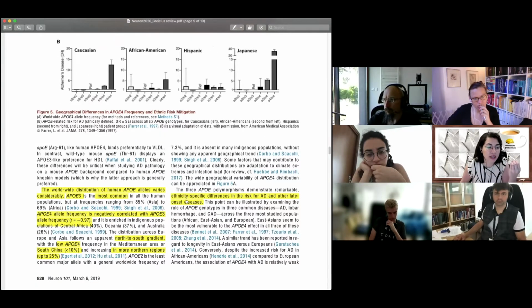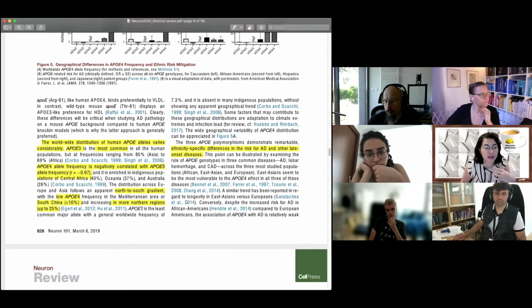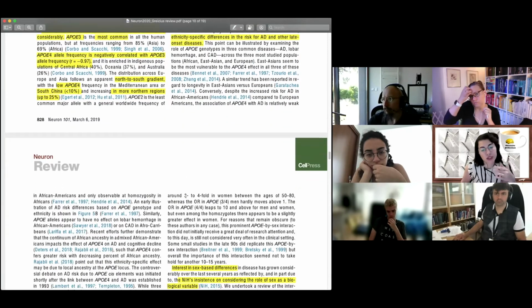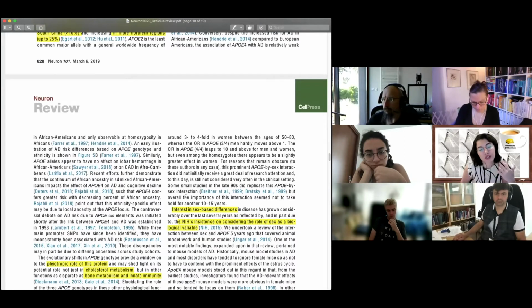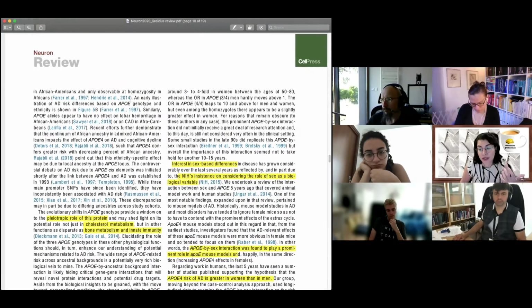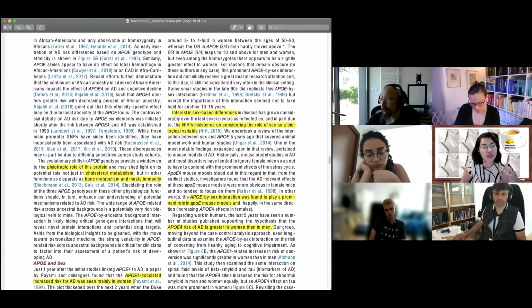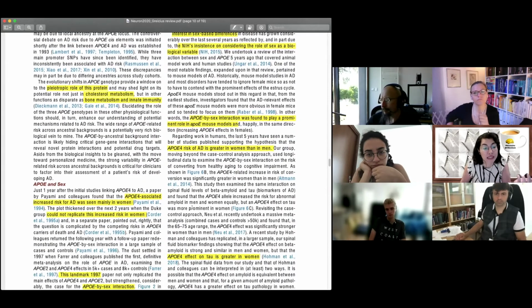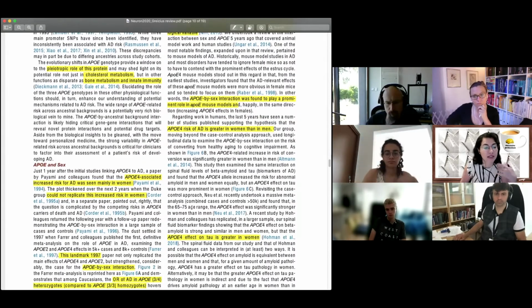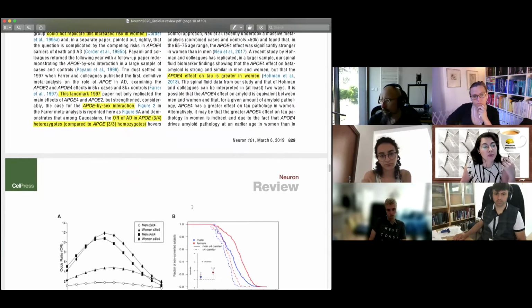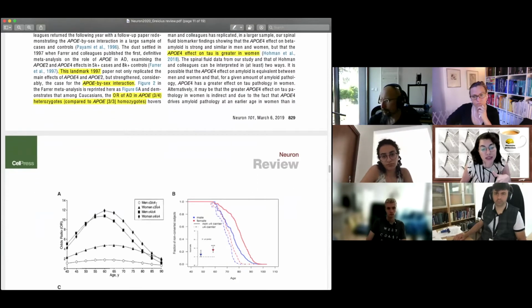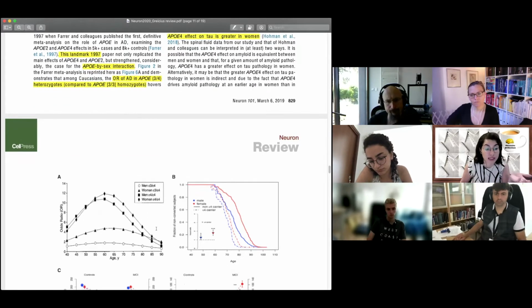There is also another big investigation going on regarding sex coupling, gender coupling, with APOE4 presentation. It seems that in women the presence of APOE4 is more strongly bound to the presentation of Alzheimer's disease.